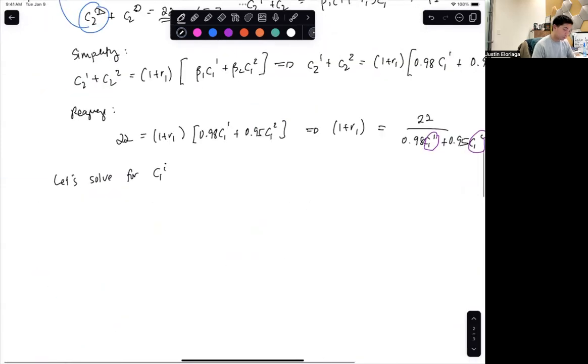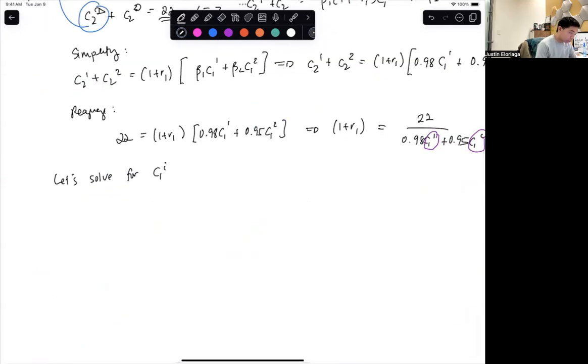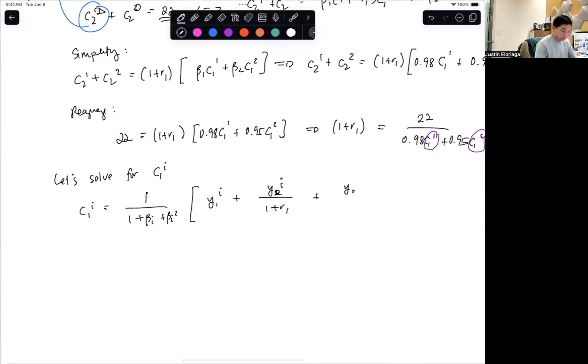If you solve it, you get C1i equal to 1 over 1 plus beta i plus beta i squared, times Y1i plus Y2i over 1 plus R1 plus Y3i over 1 plus R1 times 1 plus R2.